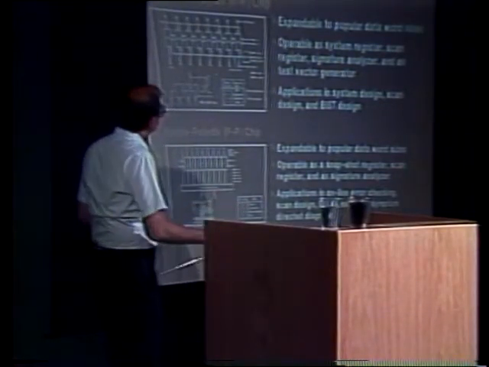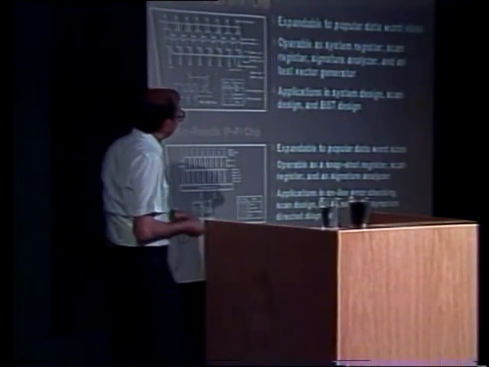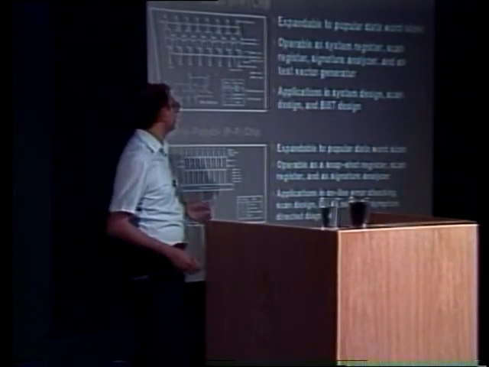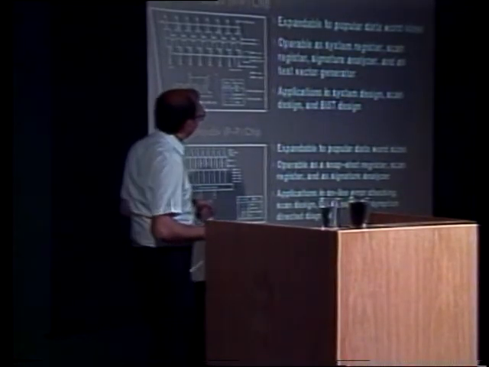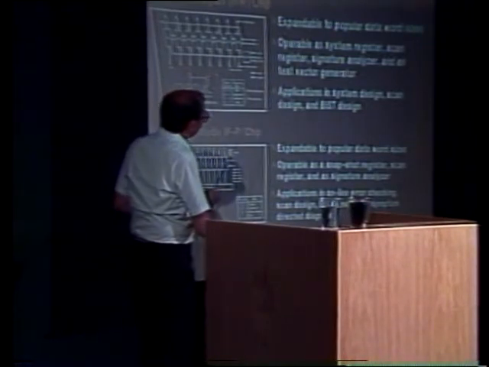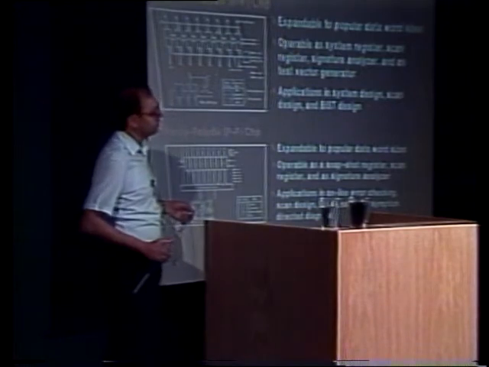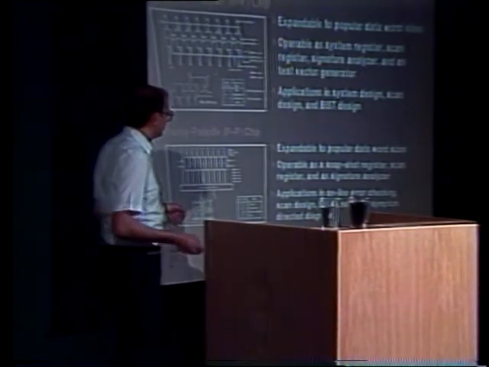The first one is called the register polydiv or RP chip. It is expandable to popular data word sizes, which means 8-bit, 16-bit, or 32 bits. It should be operable as a system register or a scan register or as a signature analyzer, or it could be used even as a test vector generator.